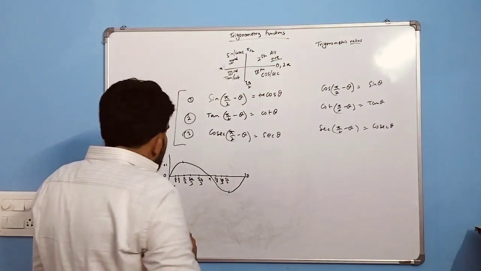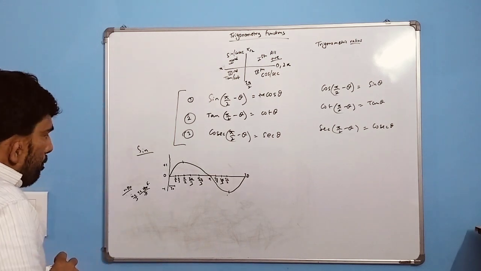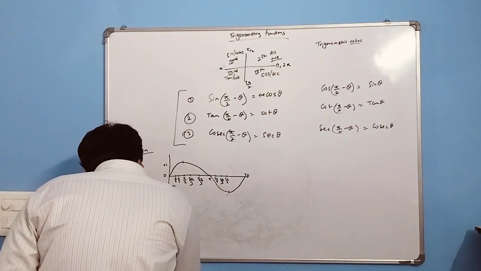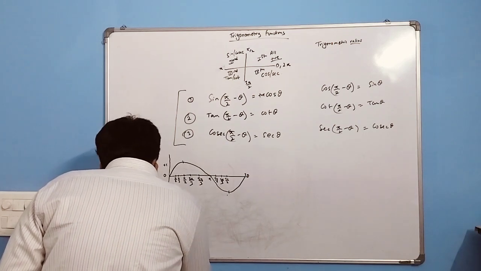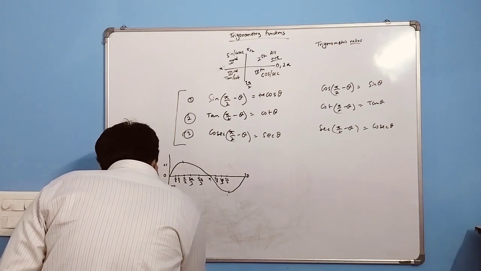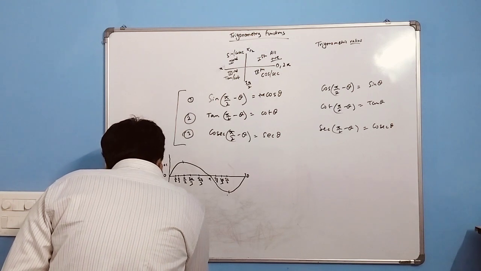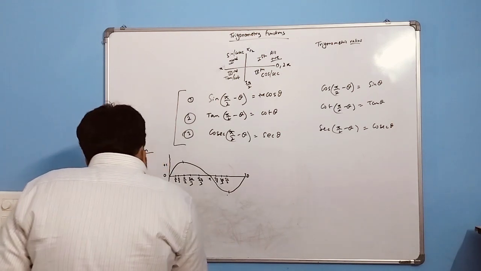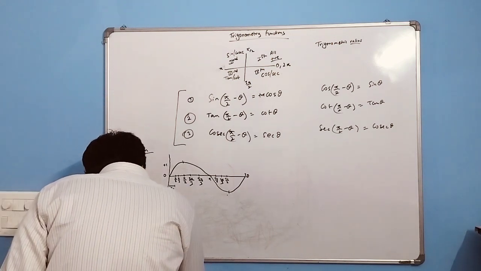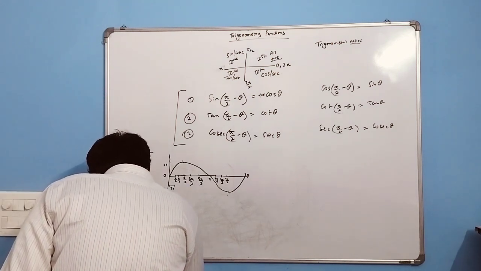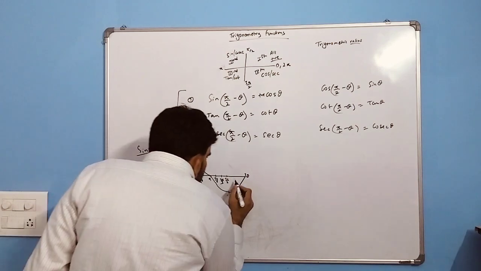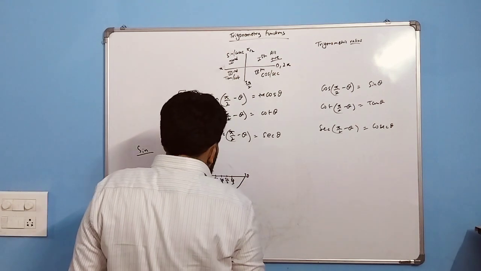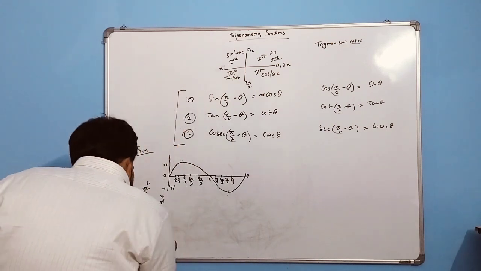After 270 I can go to 300. So how will I write the 300 here? I will write 300 here like this. 180 upon 6 is 30, no, it will not be like this. If it is double that, it will be 5 pi by 3, right? Okay, it will be 300. So that is how it moves.